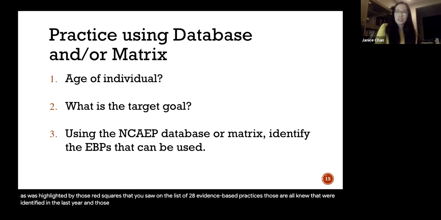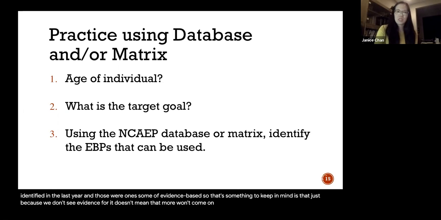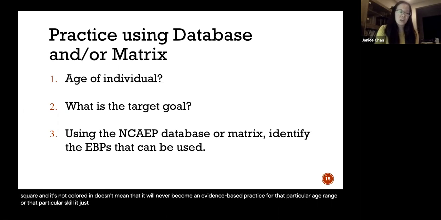And some of those were once on the list of things that were not evidence-based. So just because we don't see evidence for it doesn't mean that more won't come, or just because the matrix shows a white square that's not colored in doesn't mean that it will never become an evidence-based practice for that particular age range or that particular skill. It just means there hasn't been enough.